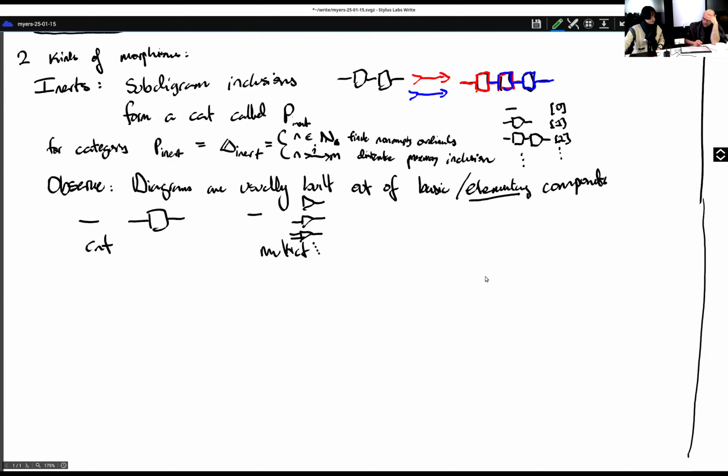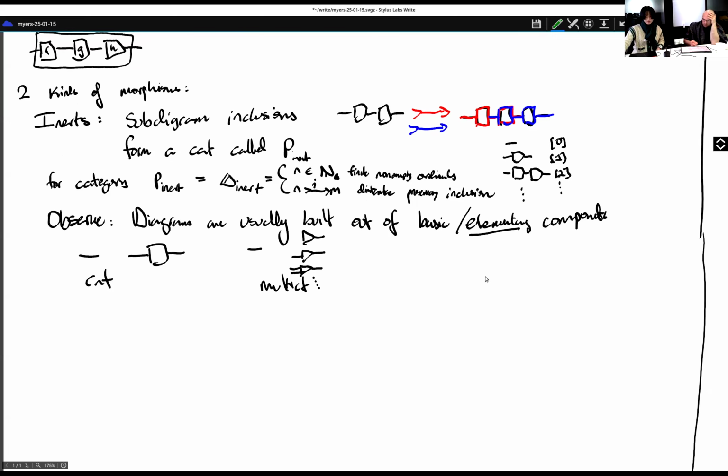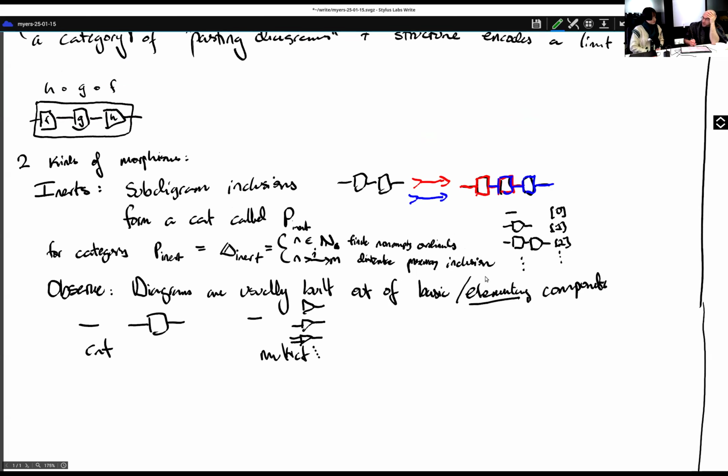Just as all sequences are built out of single jumps here, all trees are built out of the various branching shapes. And all DAGs are built out of open DAGs, so DAGs that can have dangling edges, if you will, built out of shapes of this form, where you have some number on one side and some other number on the other side.